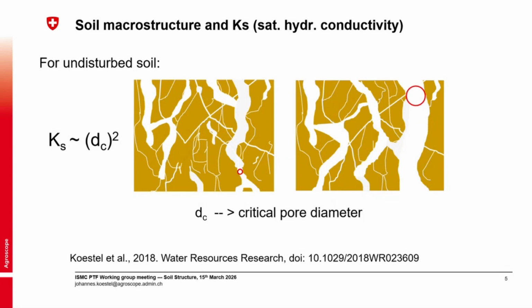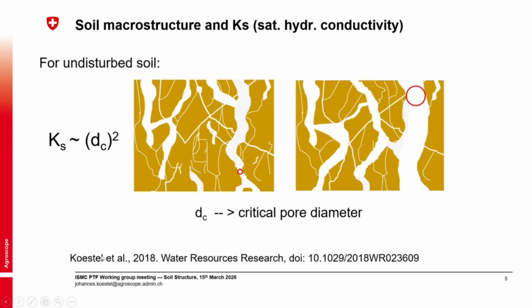So if you have undisturbed soil, what seems to work quite well, not perfectly, but better than everything that I know, is that the saturated hydraulic conductivity is proportional to the square of the critical pore diameter. And the critical pore diameter would be shown in red here, so that would correspond to the largest sphere you could fit through the pore system from top to bottom.